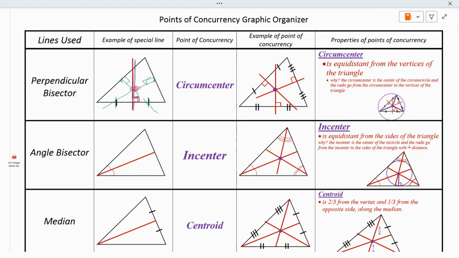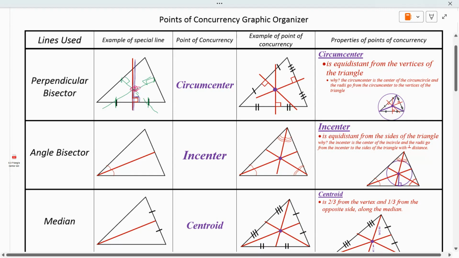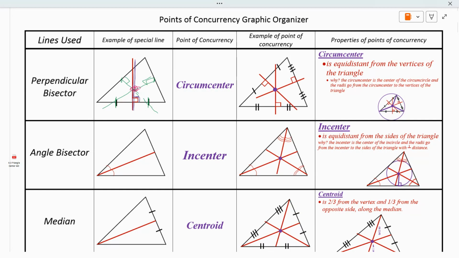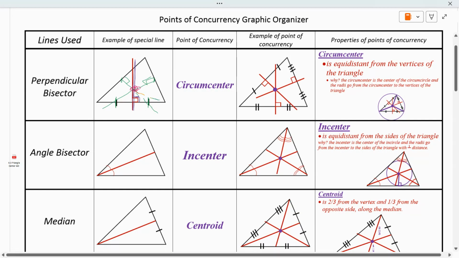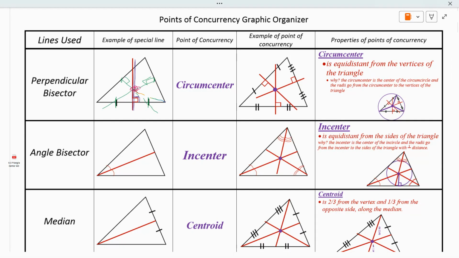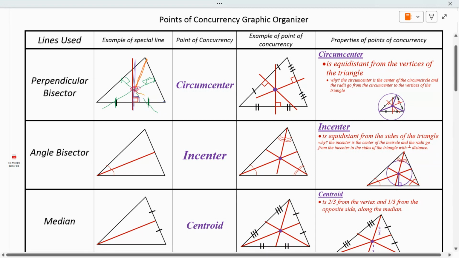The circumcenter has some unique features. It's equidistant from the vertices, meaning that if I were to draw a line from the circumcenter, the point where all three lines intersect, to any vertex, this line segment would be the same distance.